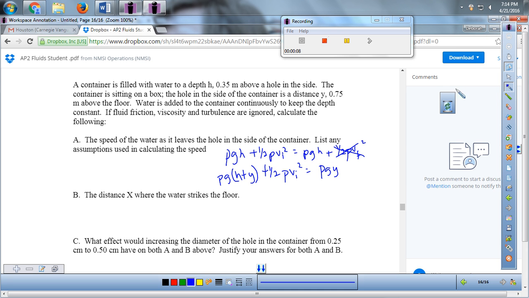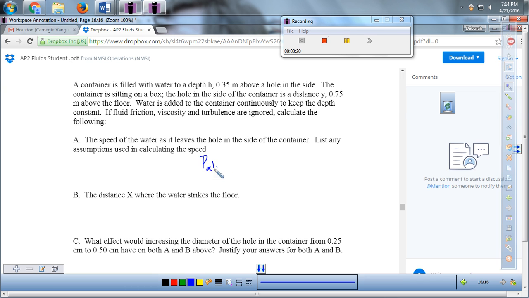There we go. Alright. So, we have that container of water. You have all your dimensions, so I'm going to say the pressure of the atmosphere plus rho g h plus y, because I'm starting at the top, plus 1/2 rho v at the top squared, which is 0.